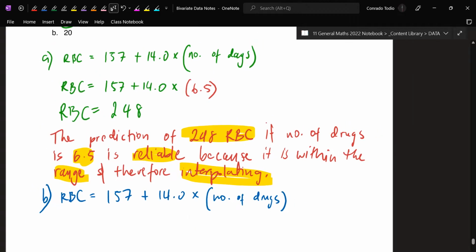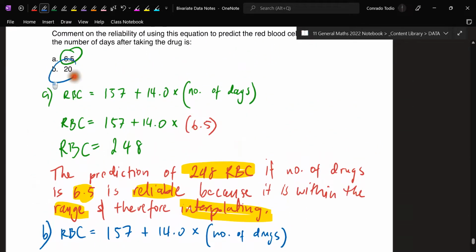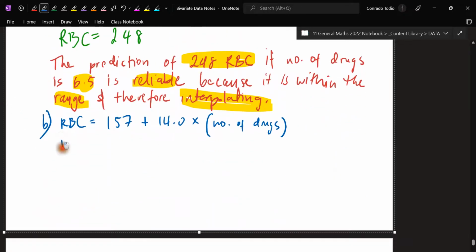Now the number of drugs according to this is going to be 20. So RBC is equal to 157 plus 14.0 times 20. So that's what's changing here now. Times 20. So what does that equal?